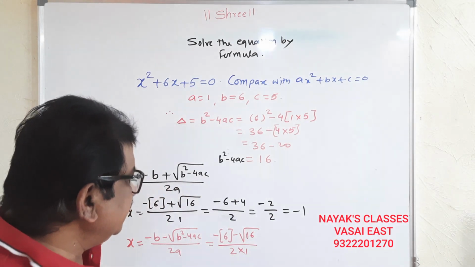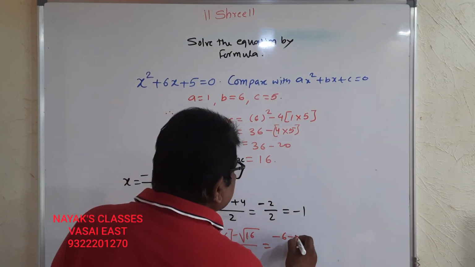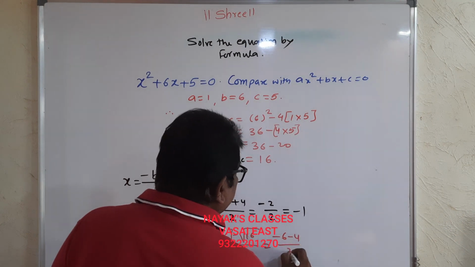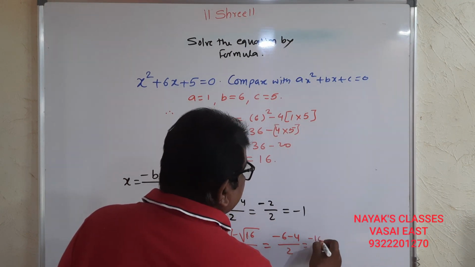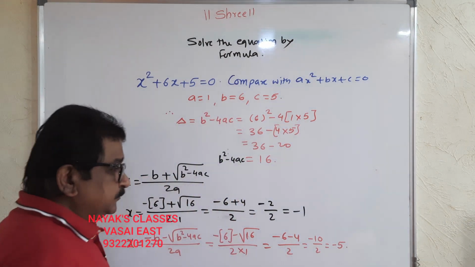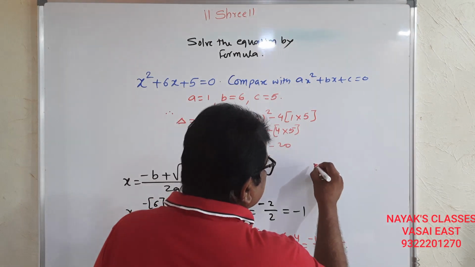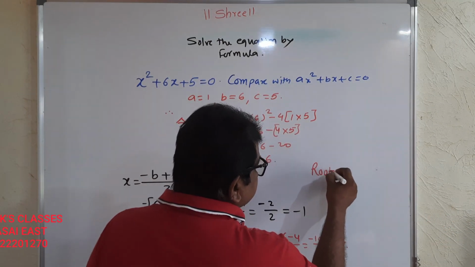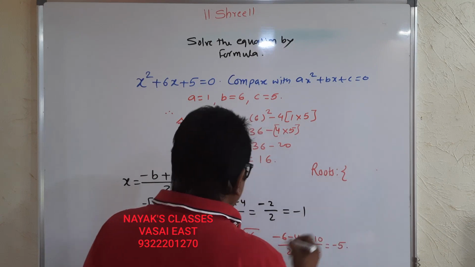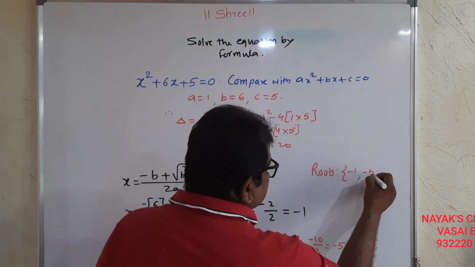Solving this, you will get minus 6 minus 4 upon 2. So minus 10 upon 2 is minus 5. Our final answer is roots are minus 1 and minus 5.